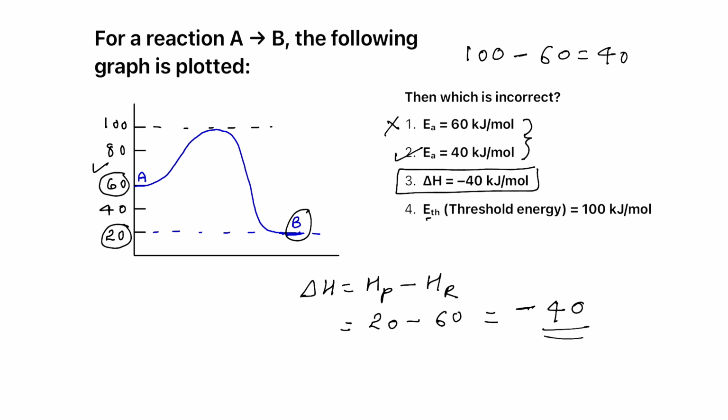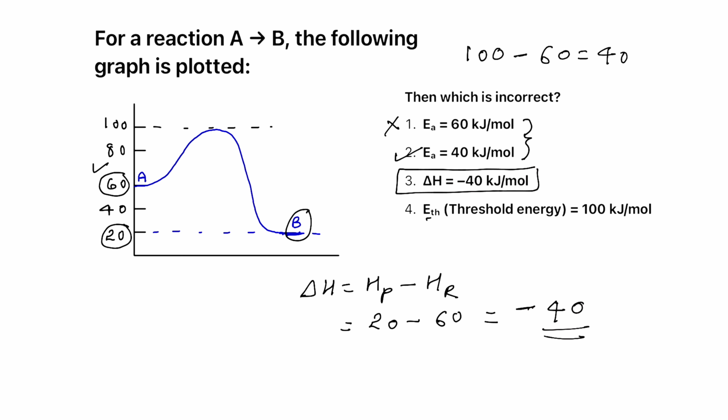And remember, this is an exothermic reaction, very important. If the energy of the product is lesser than the energy of the reactant, then it is an exothermic reaction. Anyhow, this is correct.